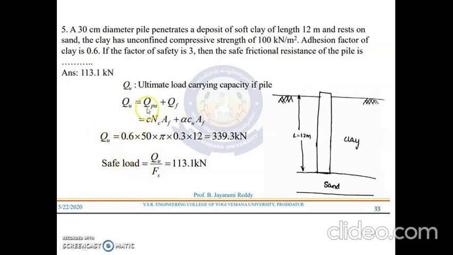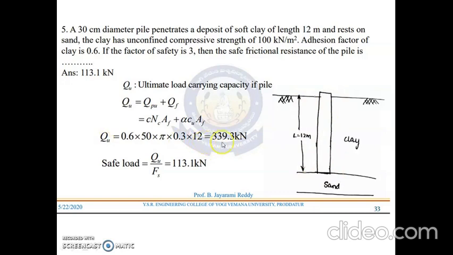So now Qu will be equal to Qf. So Qf is alpha into Cu into AF. Now Qu can be written as 0.6, that is alpha, into 50, which is unit cohesion, so it is 100 divided by 2, into AF, that is pi into D into L. Since it is a circular pile, perimeter will be pi into D, and area, that is shaft area, will be pi into D into L, that is total length, which is 12 meter.